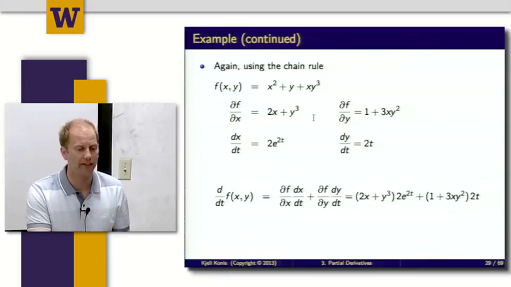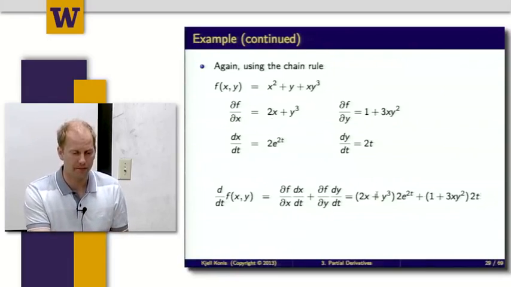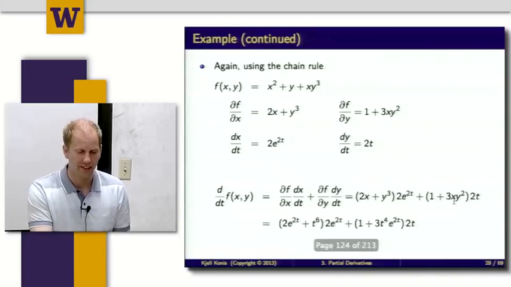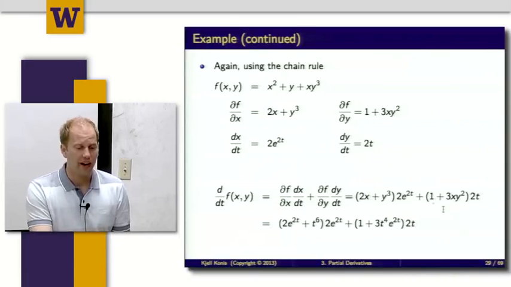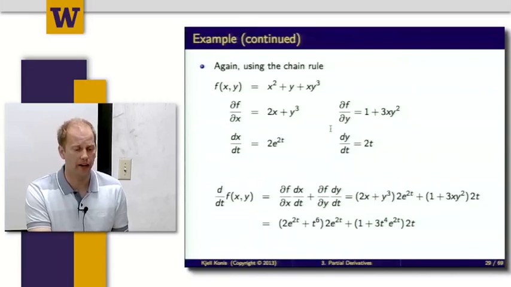So I'll just go ahead and plug in the things I've already calculated. Hopefully it's clear where all of that came from. Each one of these shows up here. And now I need to get the answer in terms of t, so I'll substitute in the expressions in t for x and y.